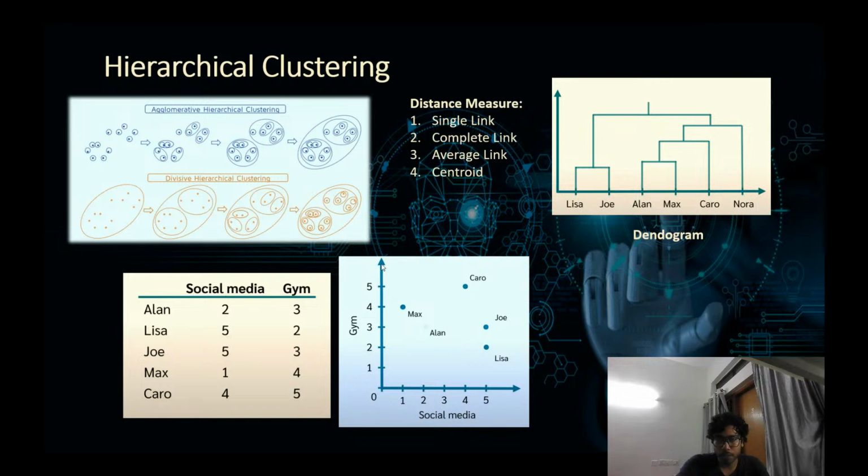Now I have represented this data in a very simple 2D graph. The x-axis is social media, the y-axis is gym. So Lisa spends 5 hours in social media and 2 hours in gym, right? So it's just a representation of this data in a graph. Now we want to understand how we cluster this data, right?